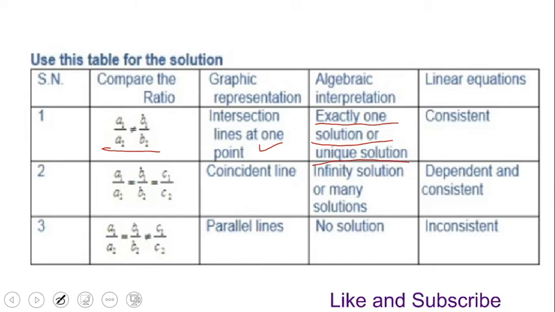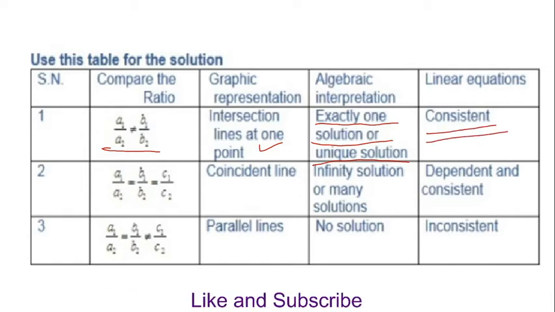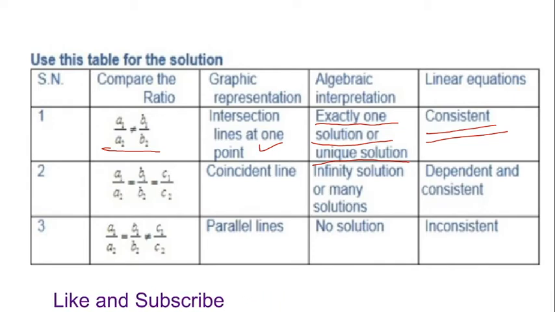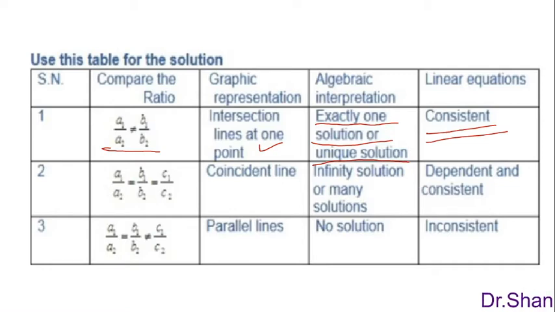If a solution is possible, we call it consistent. So if a1 by a2 is not equal to b1 by b2, the lines are intersecting, exactly one solution exists, and we call it consistent.